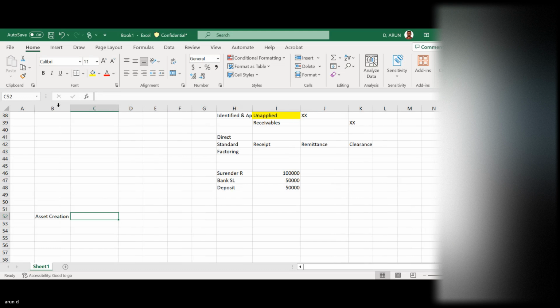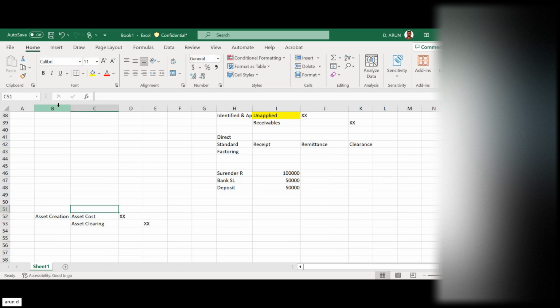In this case, what I can do is that I can say asset cost account and asset clearing account on the credit side.